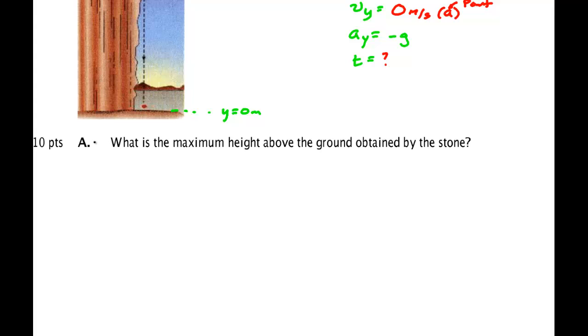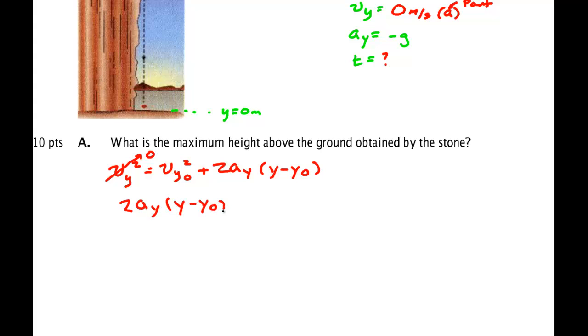In part A, find the height. We have the kinematic equation that the final speed squared is equal to the initial y speed squared plus 2 times the acceleration in y times y minus y naught. We know that the final speed happens to be 0 at the maximum height. So this says that 2ay times y minus y naught is equal to minus vy naught squared.